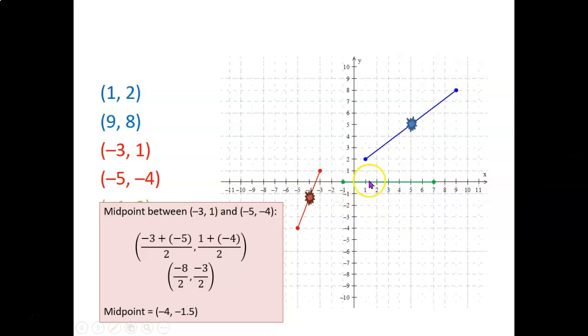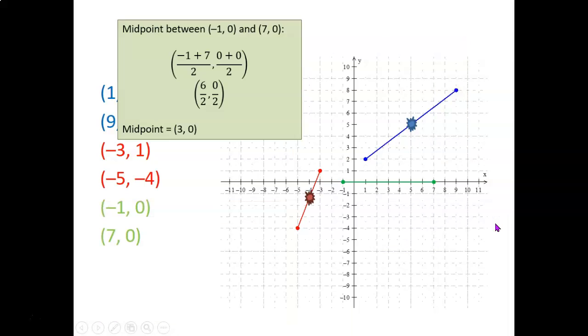What about the midpoint of this green line segment, halfway between -1, 0 and 7, 0? Can you see where that would be? Well, if we apply the midpoint formula there, for the x-coordinate we get -1 plus 7, which is 6, divided by 2, which is 3.